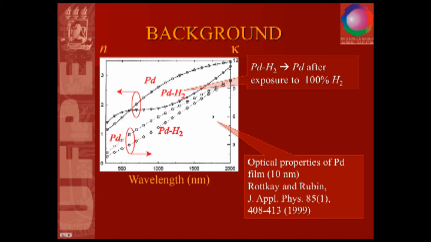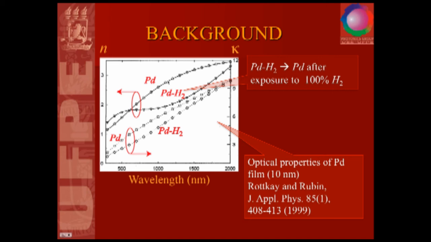A decrease in concentration leads to a decrease in the refractive index, because to first order it is proportional to the concentration, and a decrease in the extinction coefficient. So that's what happens. These are measurements obtained for a 10 nanometer thin palladium film.